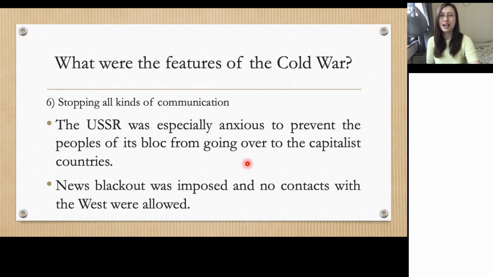We're going to find out about this in the Berlin crisis and also the Berlin Wall, in later lessons. News blackouts were imposed, so they stopped communicating with each other, and no contacts with the West were allowed. They were under strict control.